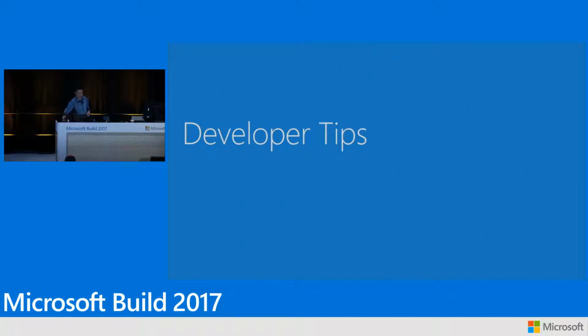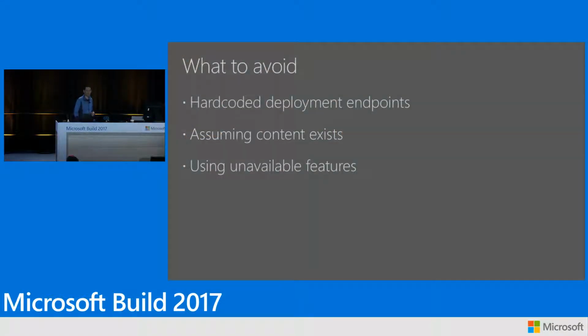And the first few things that I like you to keep in mind is, things to avoid. Avoid hard-coded endpoints, which means that when you are connecting through PowerShell, for example, make sure that you provide a way that you can parameterize your endpoints and target different clouds.